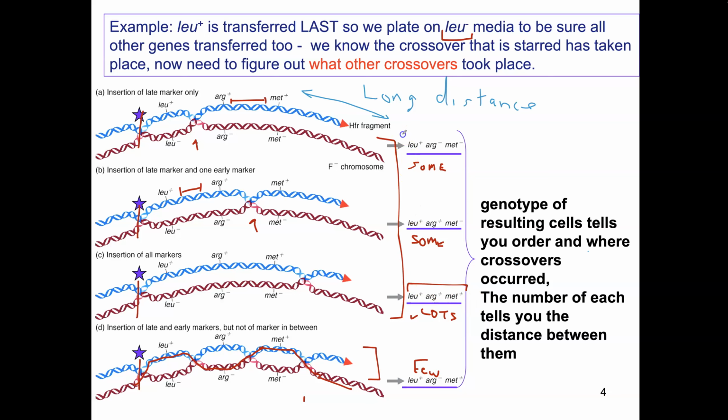And then there are the single crossover classes here and here. There's just one crossover in the region between those genes. And then in this category, this is like the double crossover class because we've had 2 crossovers between the genes that we're testing.